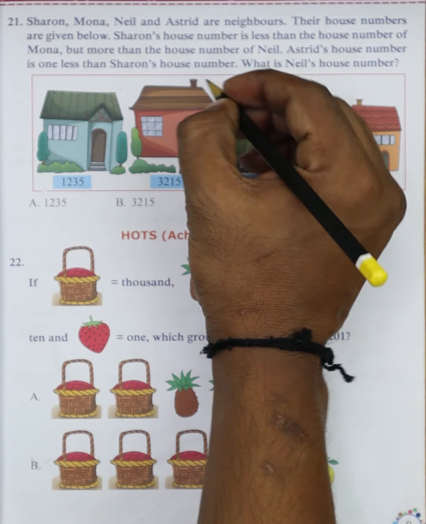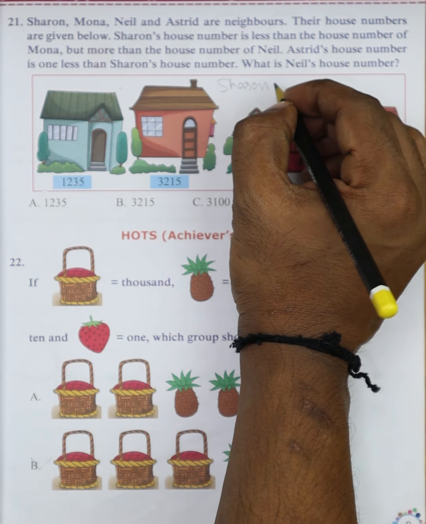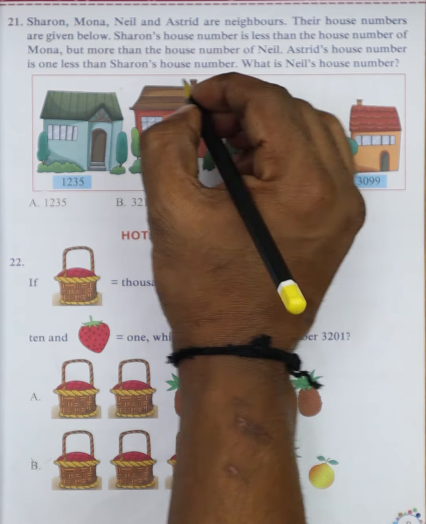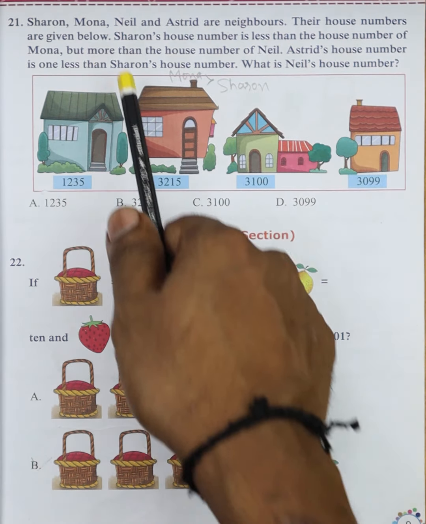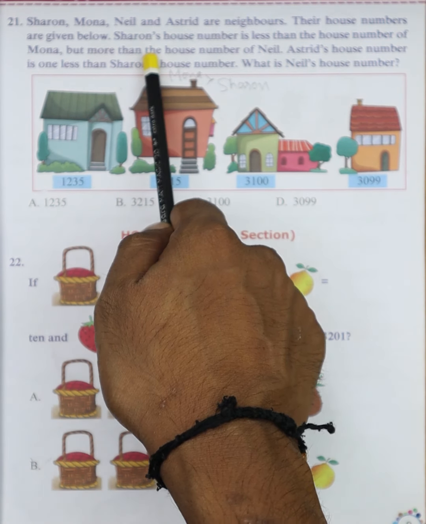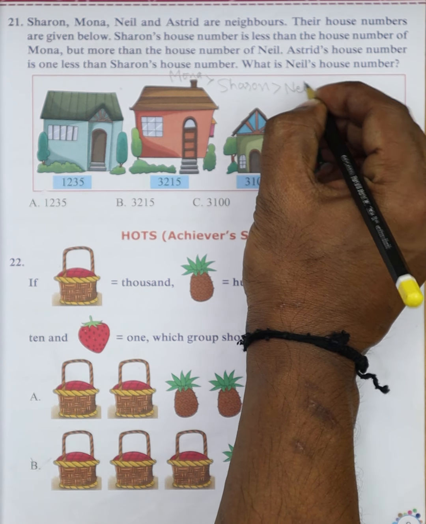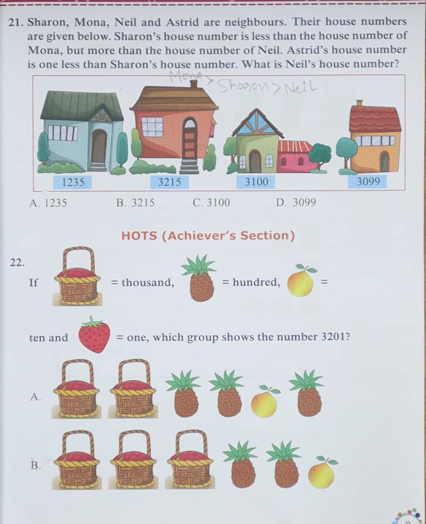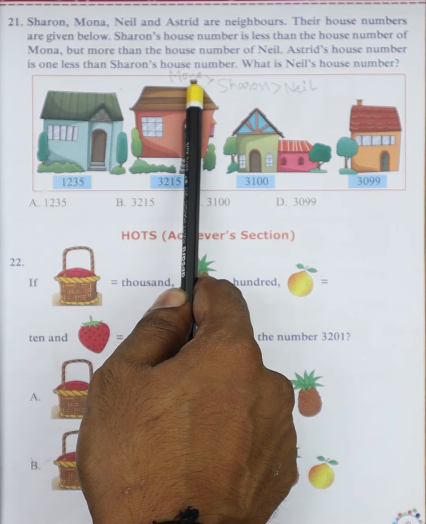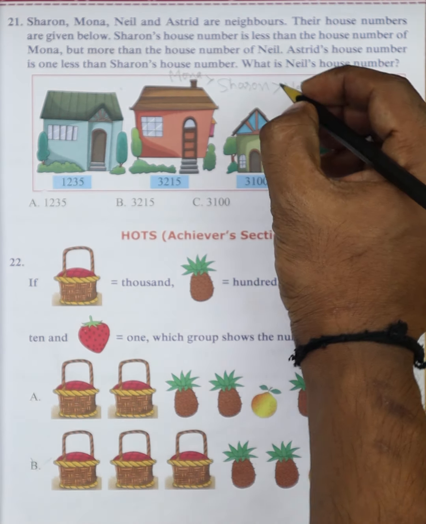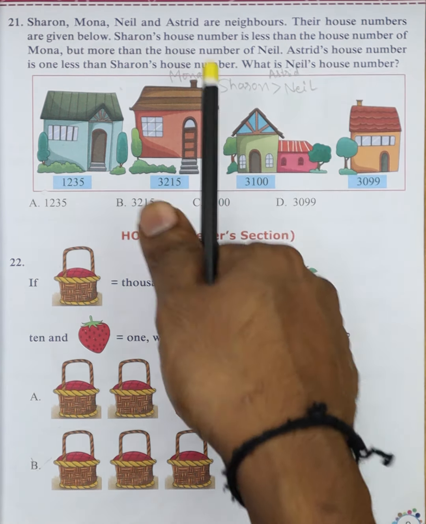So we have Sharon, whose house number is less than Mona's, but more than Neil's, so Neil comes here. And Astrid's house number is 1 less than Sharon's house number, so I think Astrid should come in between Sharon and Neil.